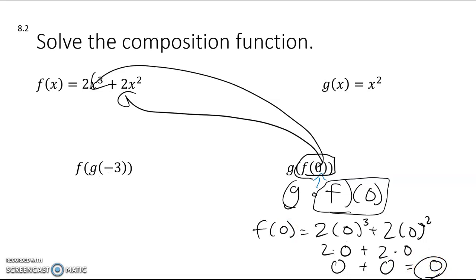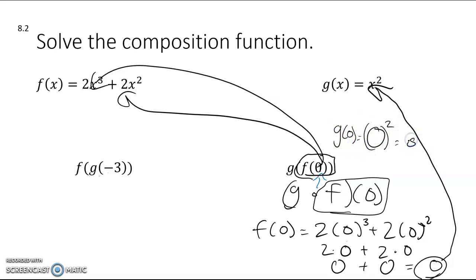Now I'm going to take this 0 and plug it into my g equation. So I take this number that I find, I plug it into the other equation. And if I do that, I'm going to get g of 0 equals 0 squared, which is, again, 0. So final answer for this g of f of 0 is 0, okay?